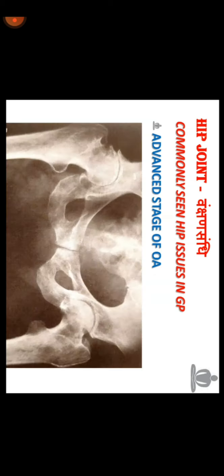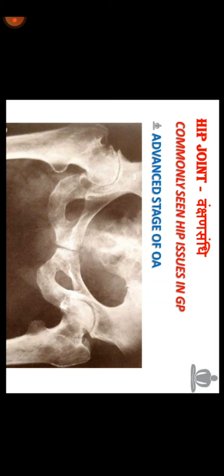So in osteoarthritis of the hip, you can see narrowing of cartilage space, sclerosis of subchondral bone, and osteophytes at the joint margin in these types of cases. In advanced osteoarthritis, it is completely, purely vataj in nature.